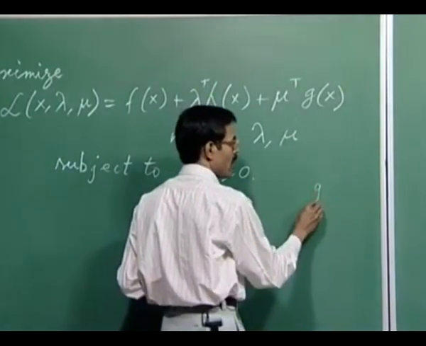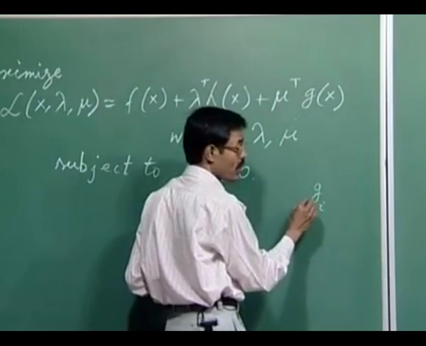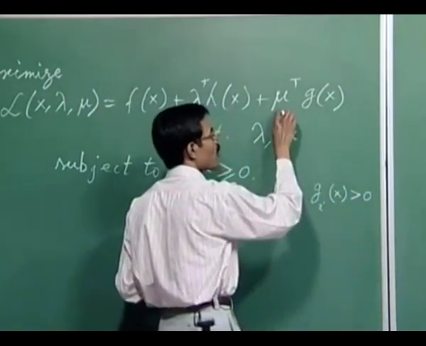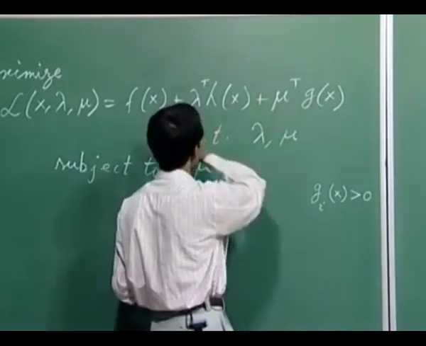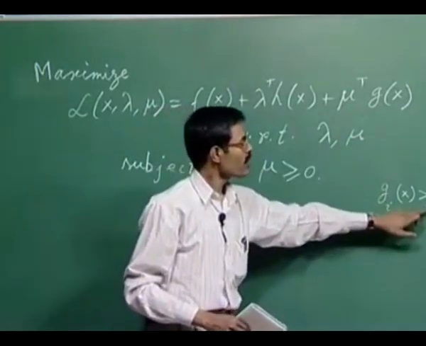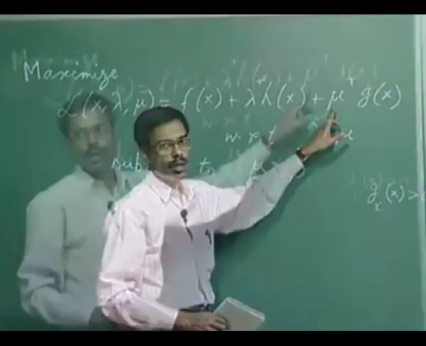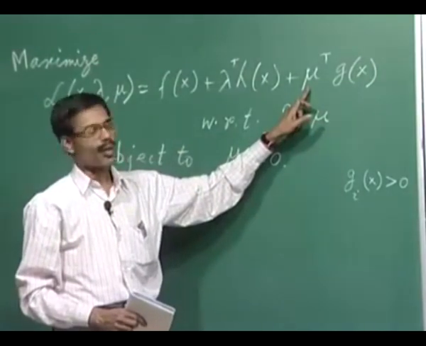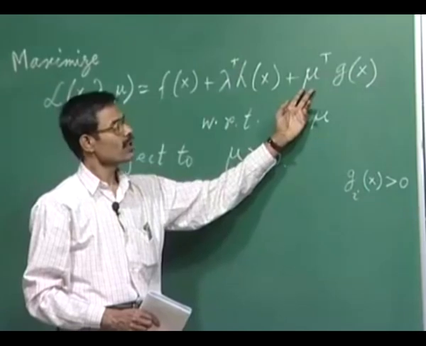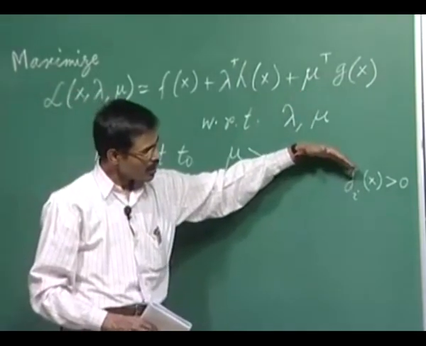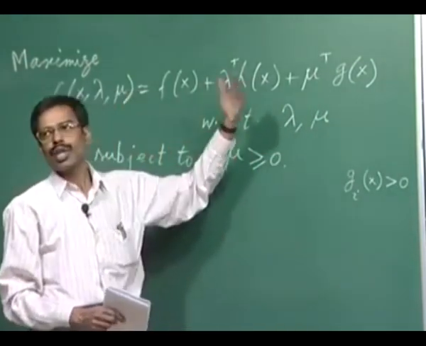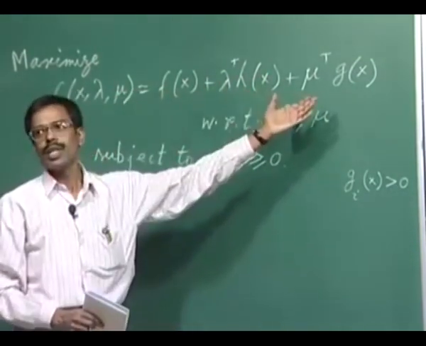Now, for that gi, if that is positive, then what value of the corresponding mu should we take to maximize this function? We are trying to maximize it. If a particular gi is positive, then the corresponding mu i we can take extremely positive. That is, we can go on increasing that value of mu, which is corresponding to the function gi, which is positive. That means that on the upward side, this function of lambda and mu is unbounded.